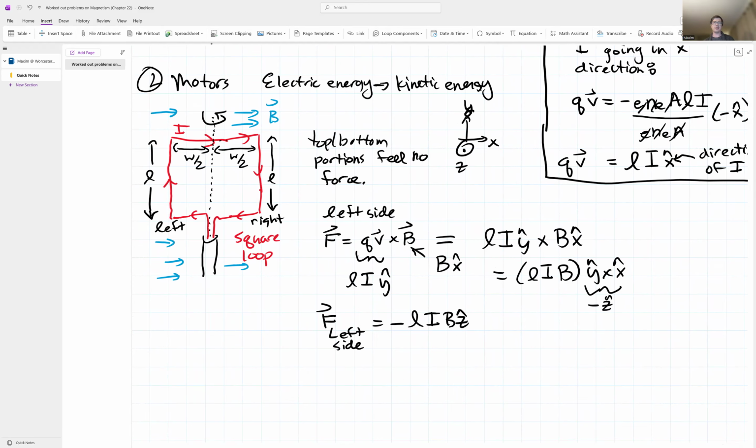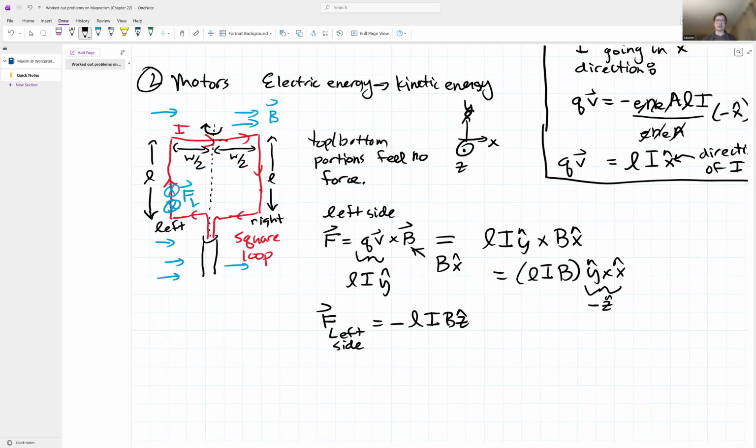So this wire on the left experiences a force that pushes it into the board. Actually, I guess I drew the rotation differently. It's not coming out at us. The rotation is actually the other way. This loop in this magnetic field is going to rotate this way into the board.